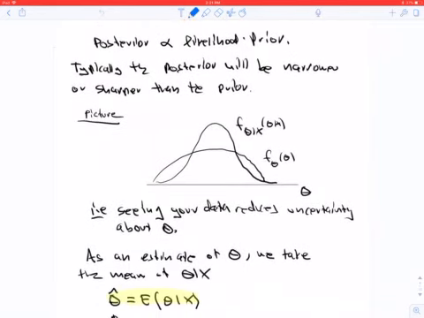Whereas the prior tends to be some broad distribution, the posterior is narrower or sharper, because once we collect data, we have less variability. We have more certainty in what value theta is most likely to take.